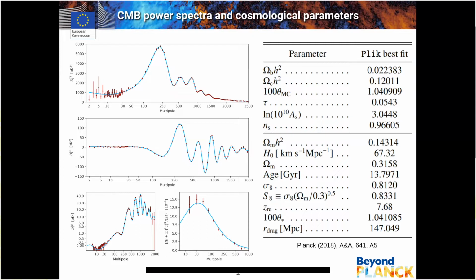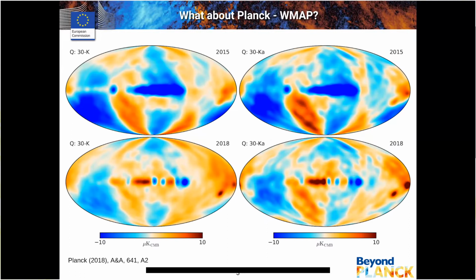If you look at the Planck 2018 data release, which was the final data release for the official Planck collaboration at the time that this project started, and you compare it with the WMAP data that had been taken by the WMAP satellite, in theory these two things were supposed to see exactly the same skies.